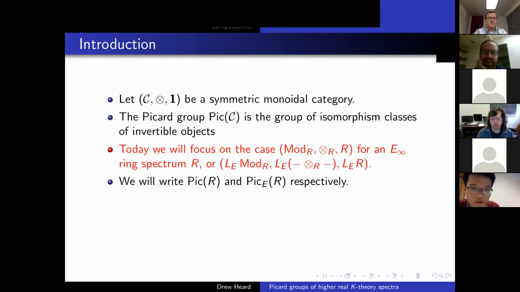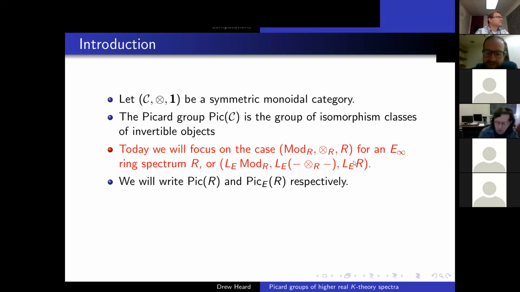You can do this in any symmetric monoidal category really, but today we're just going to focus on R being some nice ring spectrum with its usual smash product over R. The unit is of course R. Or we can take some Bousfield localization, the category of E-local R-modules for some spectrum E. In general, if I take two E-local modules and tensor them together, it need not be E-local anymore, so I just have to relocalize it.